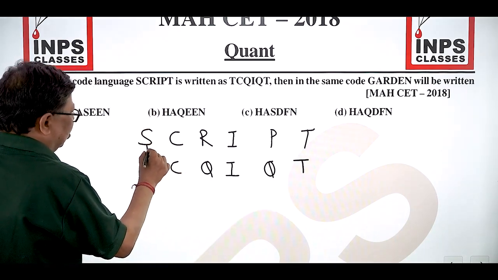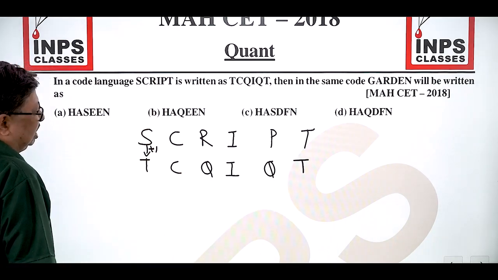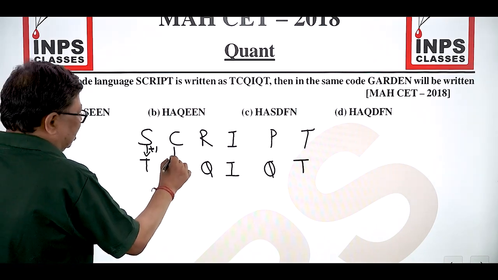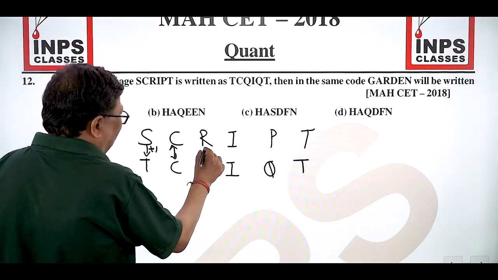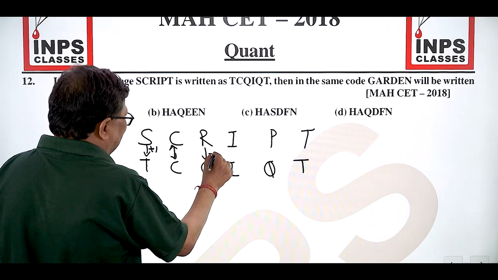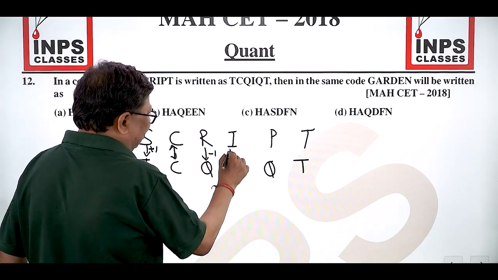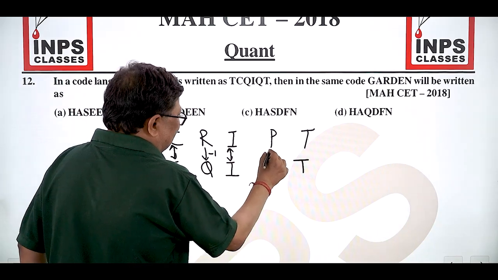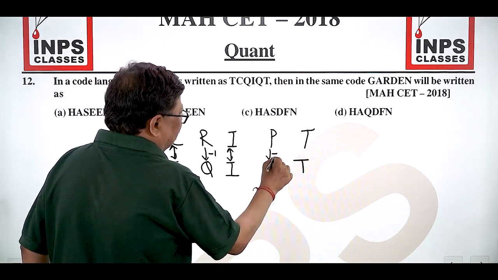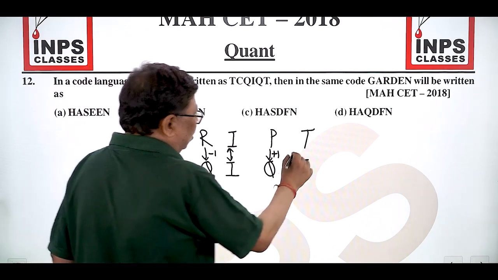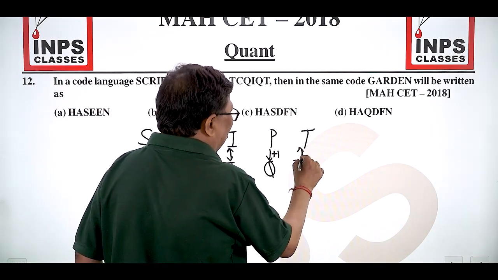S plus 1, next letter is T. C remains the same. R, Q is 1 letter behind, so minus 1. This remains the same. P, 1 letter ahead, Q. This remains the same. Okay.